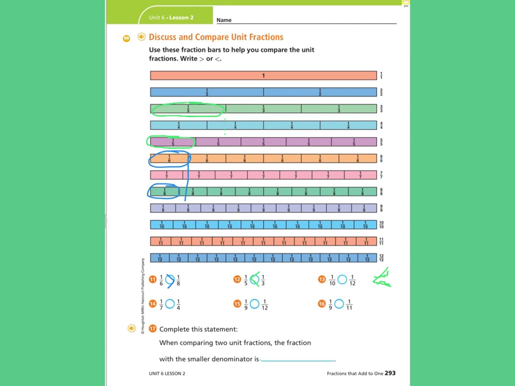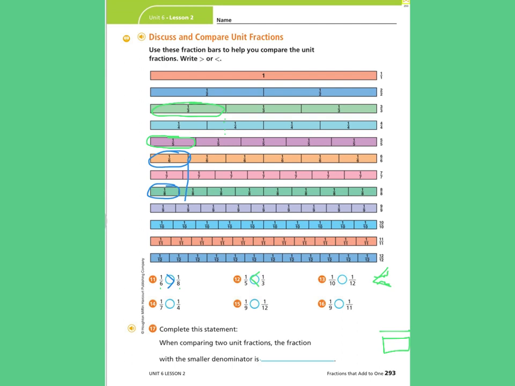Complete this statement. When comparing 2 unit fractions, the fraction with the smaller denominator is, I want you to think, the smaller denominator, that's the bottom number. Is it bigger or is it smaller? So let's look here. 6 and 8.